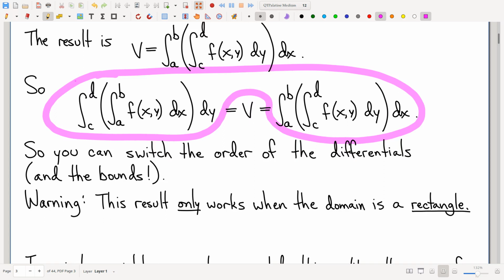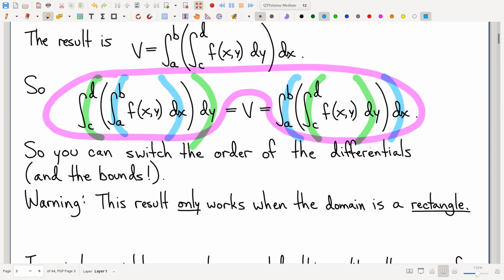So it is nice to notice that the dy integral and the dx integral, you can just do this. You see what I'm doing with my fingers here, right? So you can switch the differentials, right? But you have to switch the bounds accordingly, of course, because x goes from a to b.